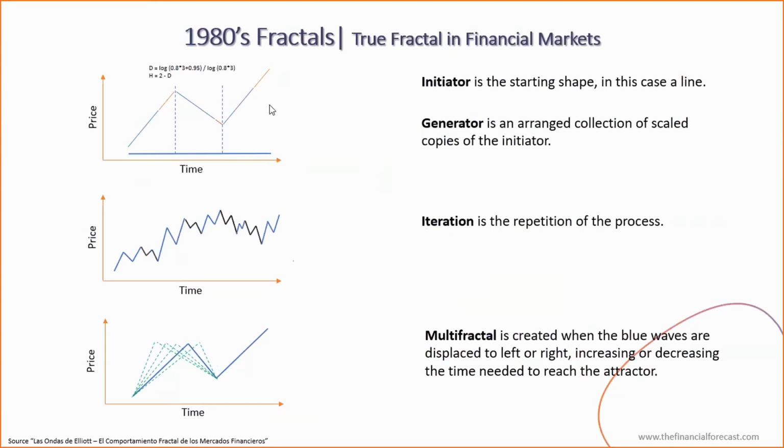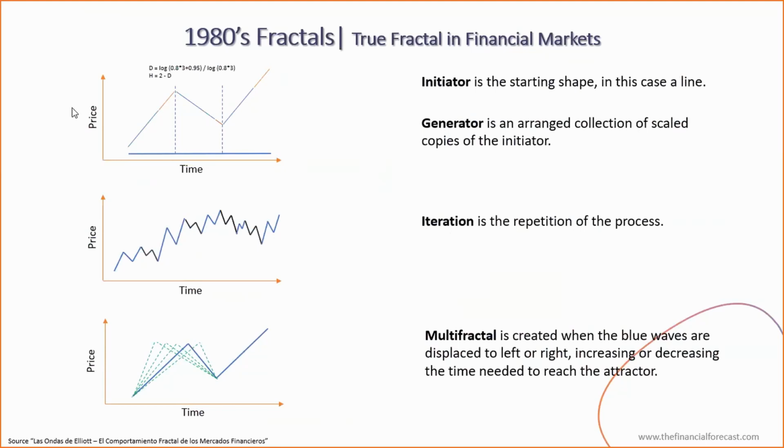We arrange this line, and this generator will repeat, will iterate in different ways to create the bigger picture. And this concept of fractal will tell us that it doesn't matter what is the scale that we are watching at, we will tend to see all the time the same.